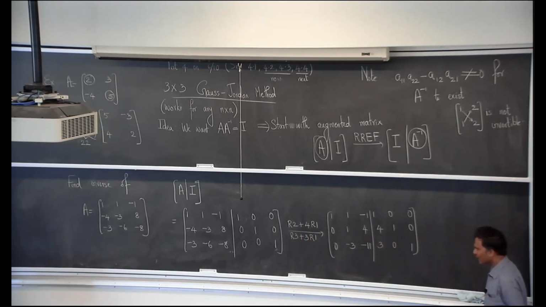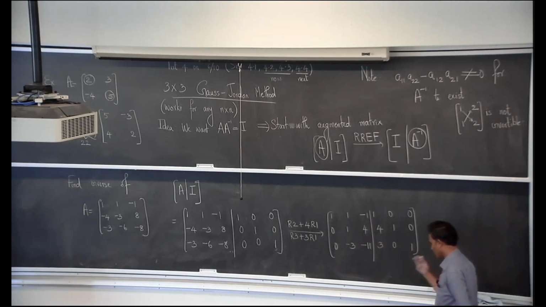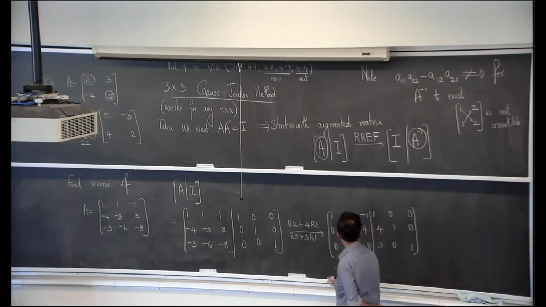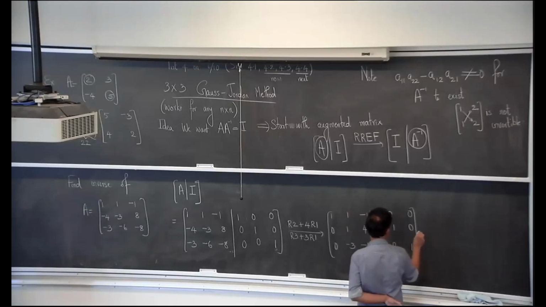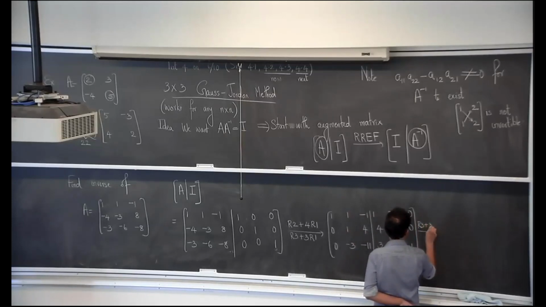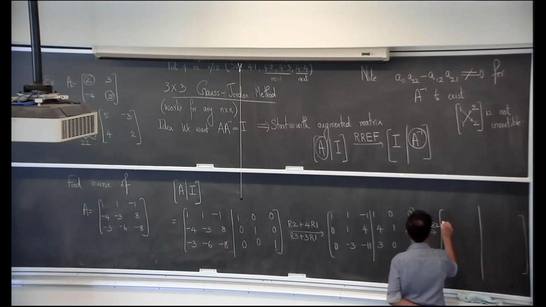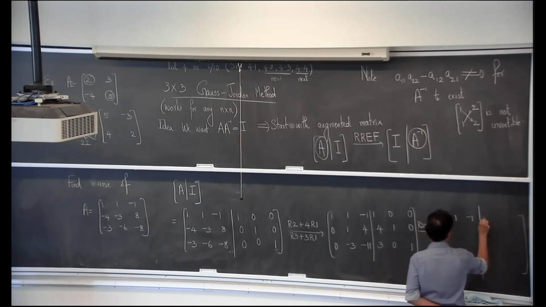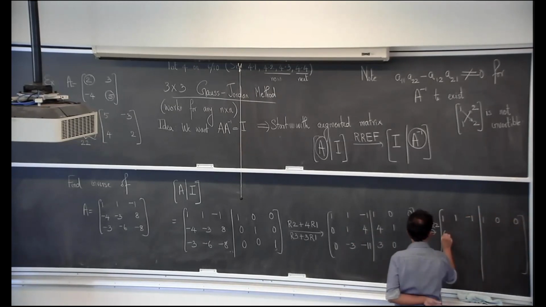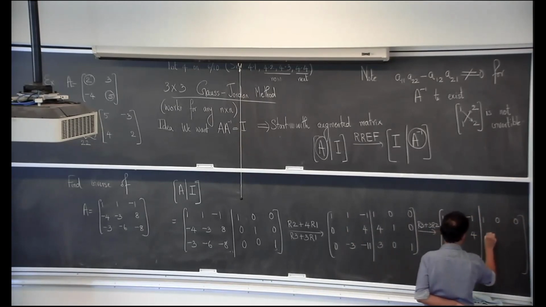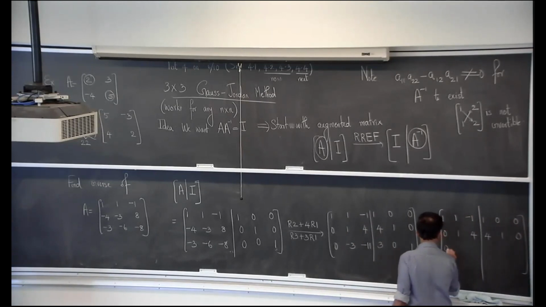So made some progress there. And as always, if you get some nice things, don't lose it. You don't want to go back and forth in infinite loops. Let's do R3 plus 3 R2. 1, 1, negative 1, 1, 0, 0, 0, 1, 4, 4, 1, 0, R3 plus 3 R2, 0, 0, 1.